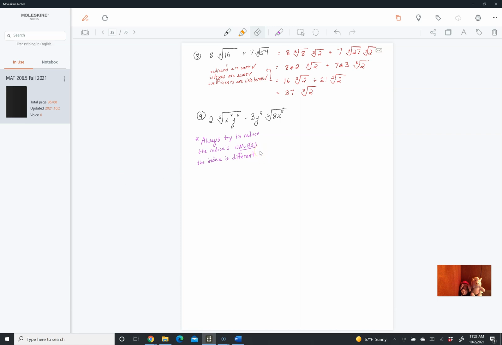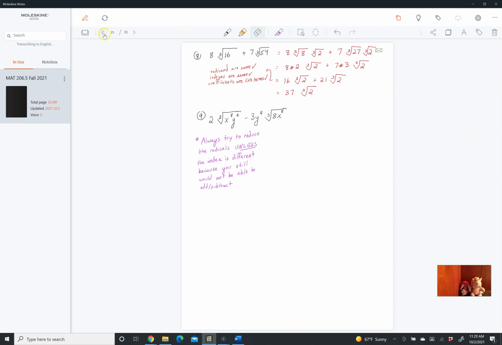Okay, if the index is different, reducing isn't going to make a difference, you still will have different indexes. And this actually goes for multiplication as well: if the indexes are different, you're not going to be able to multiply that.